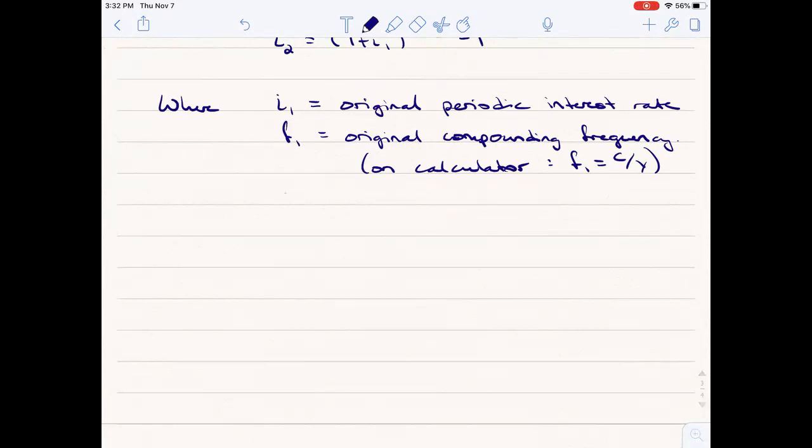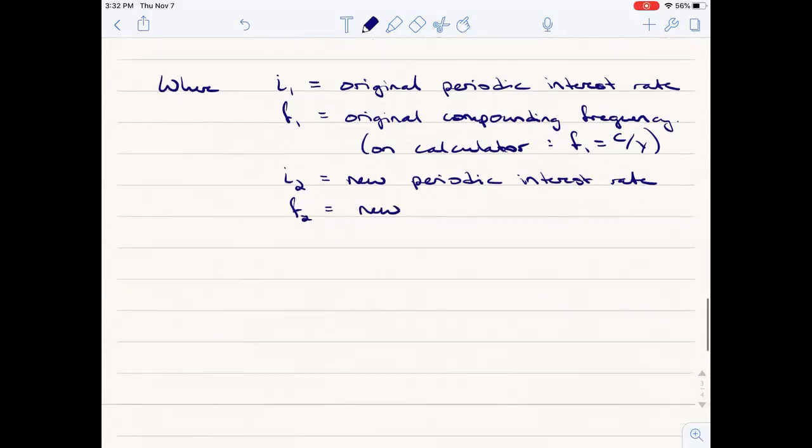I2 is the new periodic interest rate. And F2 is the new compounding frequency.